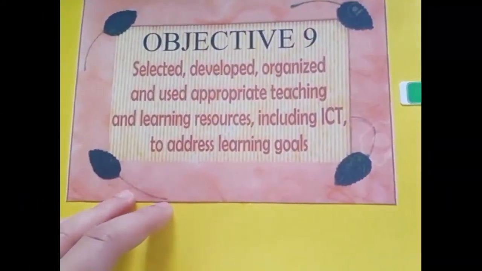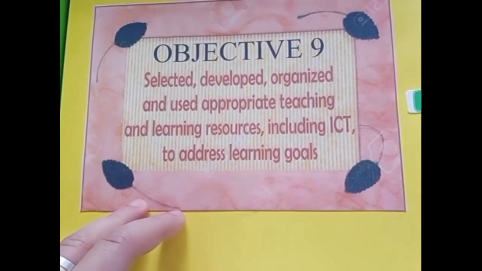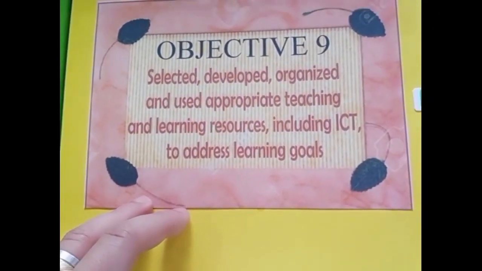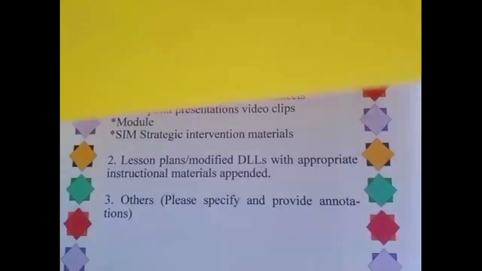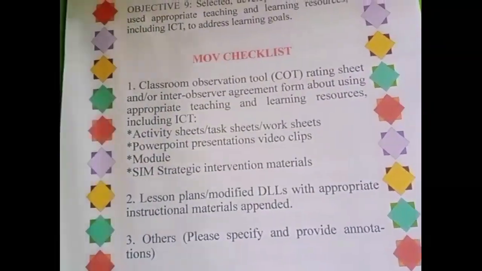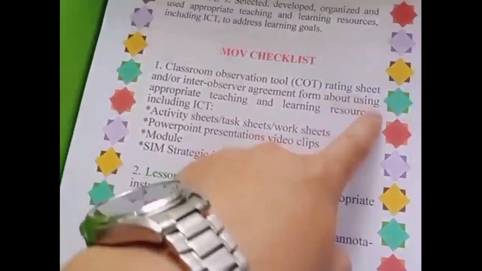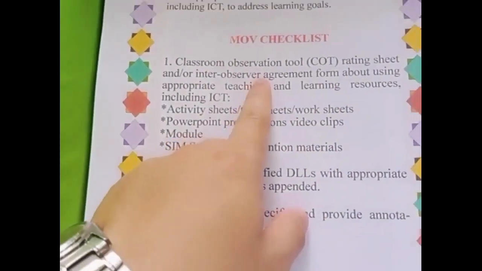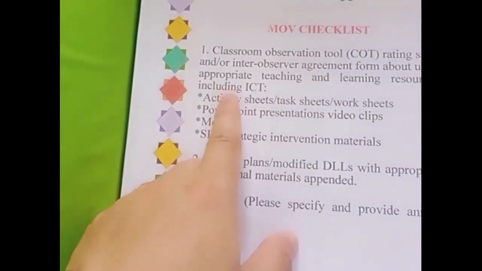Next, objective number 9. So, select, develop, organize, and use appropriate teaching and learning resources, including ICT to address learning goals. So, ano ba yung mga MOBs para sa objective number 9? So, classroom COT rating sheet ulit, inter-observer agreement, about using appropriate teaching and learning resources, including ICT.